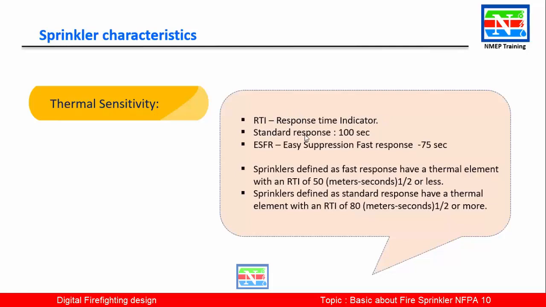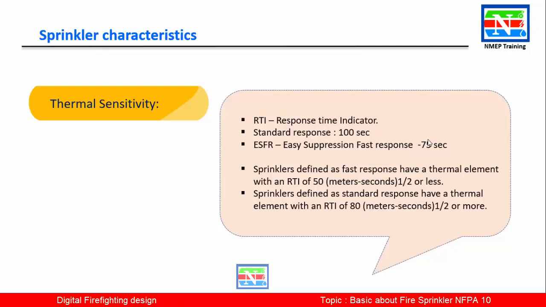So for standard response, we have 100 seconds, means whenever the sprinkler reaches the temperature 60 degrees, after 100 seconds, that means 1.5 minutes, it will start to operate. Whereas quick response or fast response, it will take 75 seconds to operate.